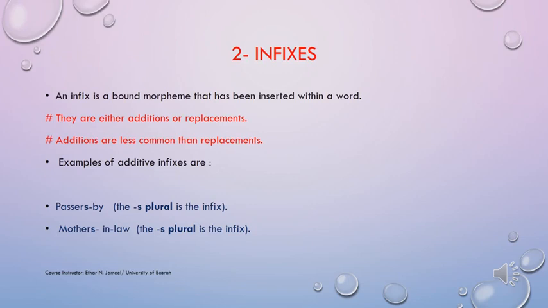Additive infixes are the less common types of infixes. The less common type means that it doesn't occur frequently in English words. We can find it, let us say, rarely in English words. For example, the S plural can be inserted between two parts of a word, which makes it an additive infix.